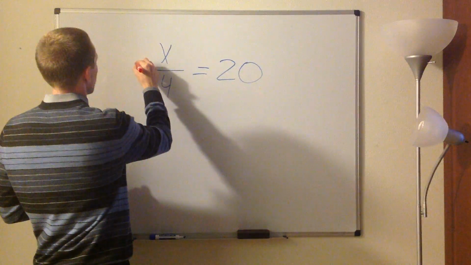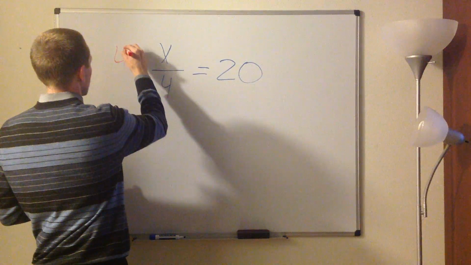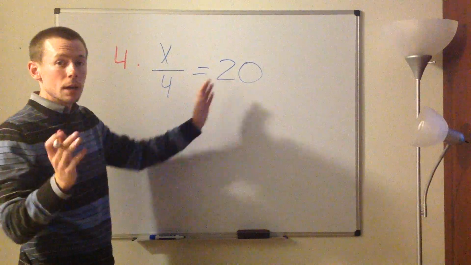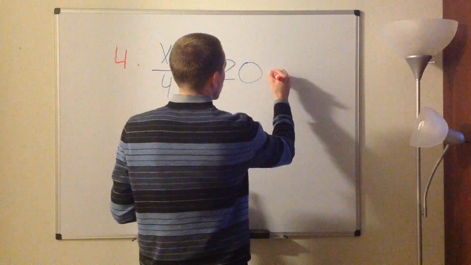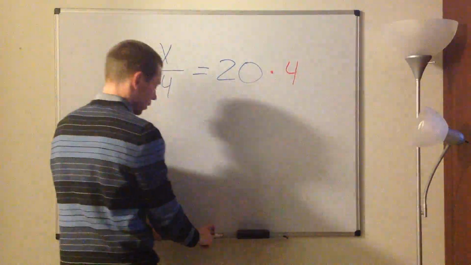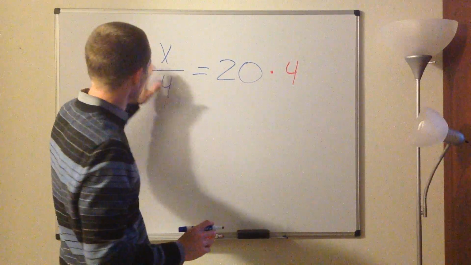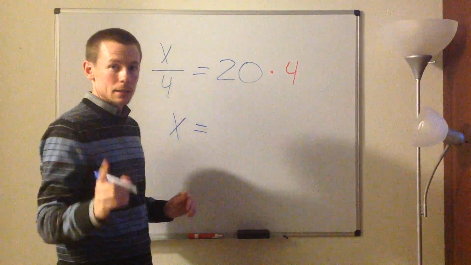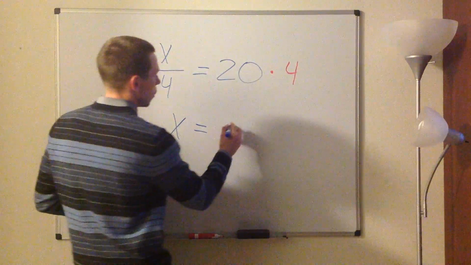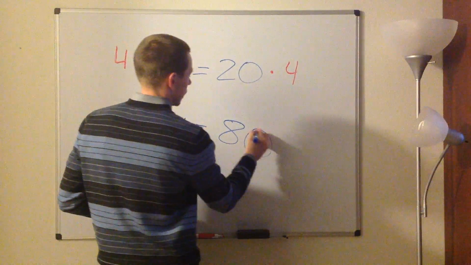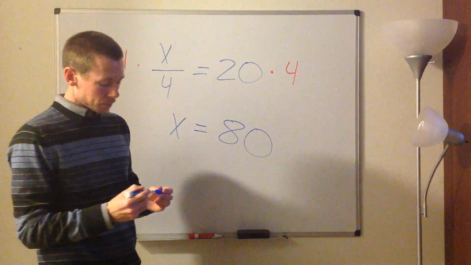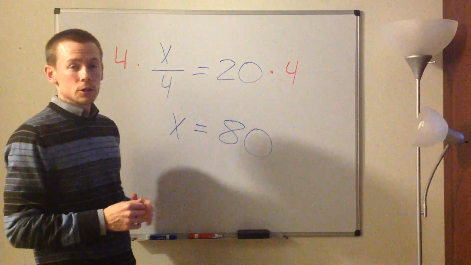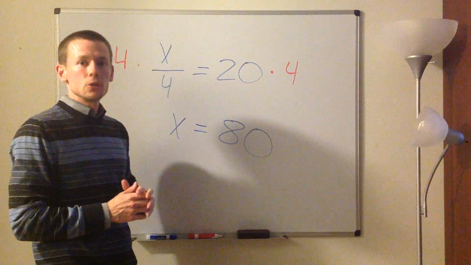So I'm going to multiply by 4, and then to keep the equation in balance, I'm also going to multiply by 4 over here. So 4 and divide 4 gives me just 1x, and then over here 20 times 4 gives me 80, and that is the value of x that makes the equation true. 80 divided by 4 equals 20.